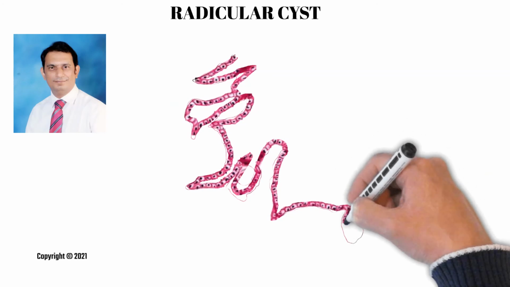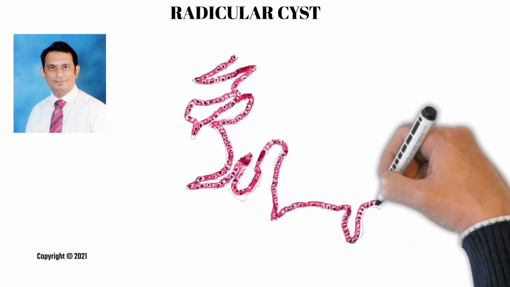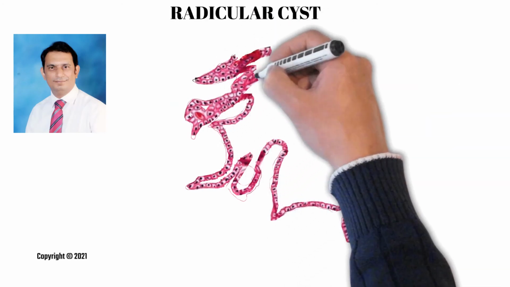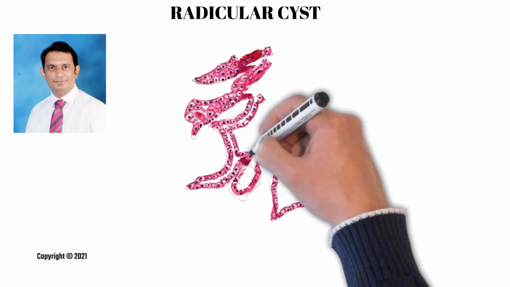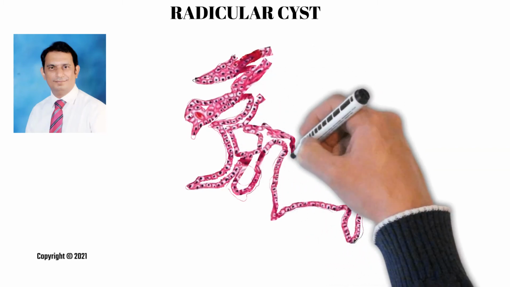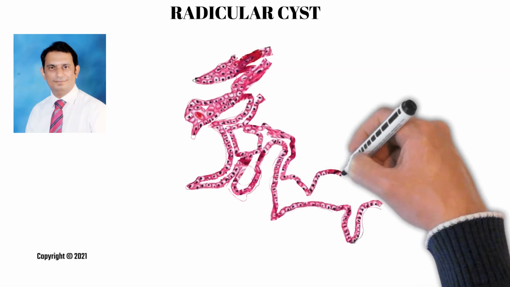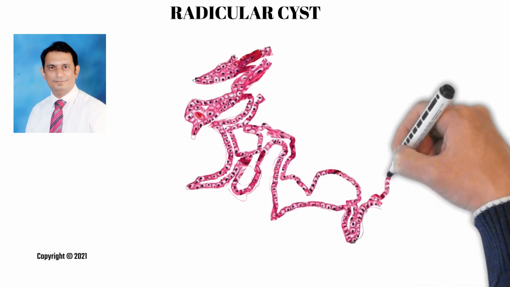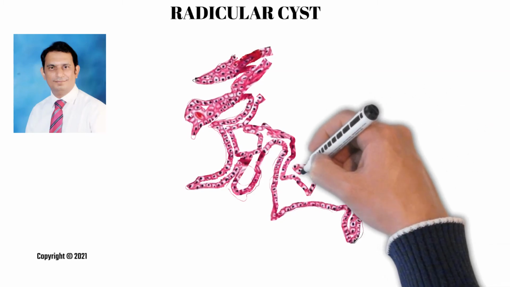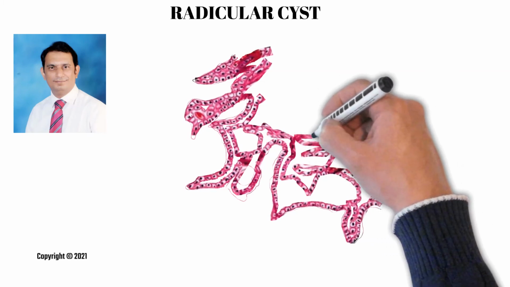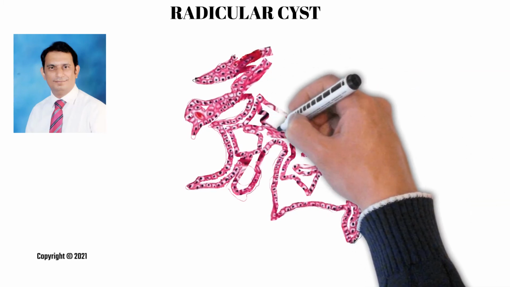Now the epithelium is characteristically non-keratinized stratified squamous epithelium. In some cases, like in maxillary cyst, it may show pseudostratified ciliated columnar epithelium, but that is very rare. Usually you will see non-keratinized stratified squamous epithelium.